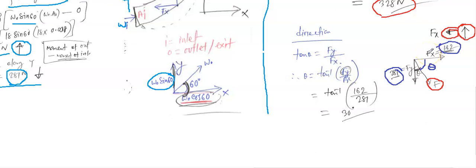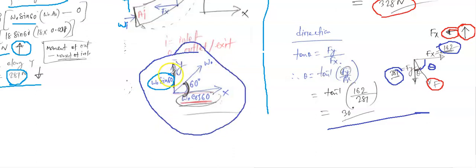So that's the important thing. You see it creates a 30-degree angle here. So you need to keep this information in mind. This is very important, and when you are calculating the angle, make sure your force direction is accurate. So that's it, and now we'll start the next problem.